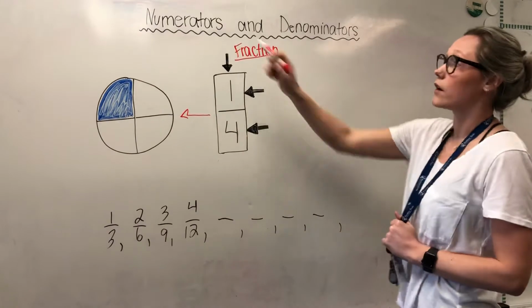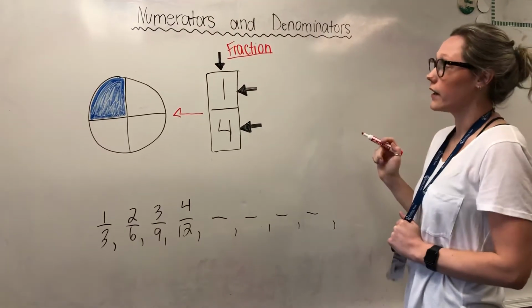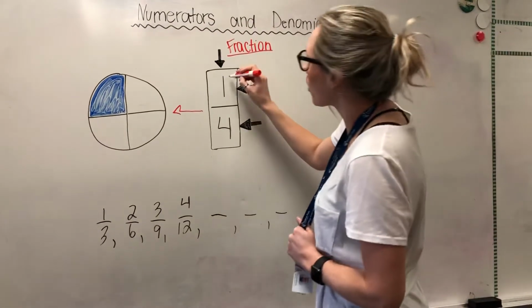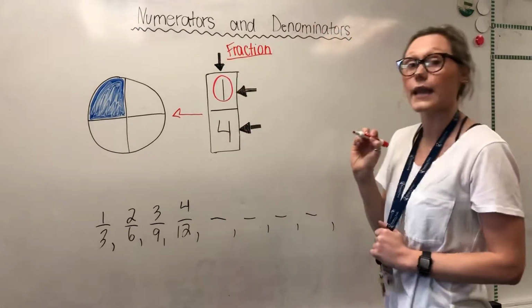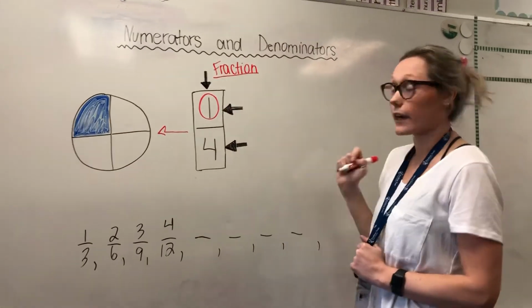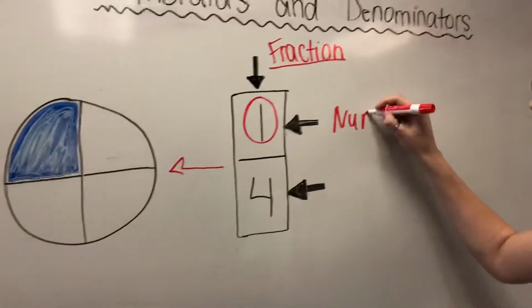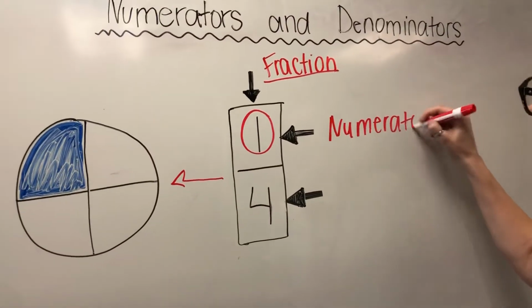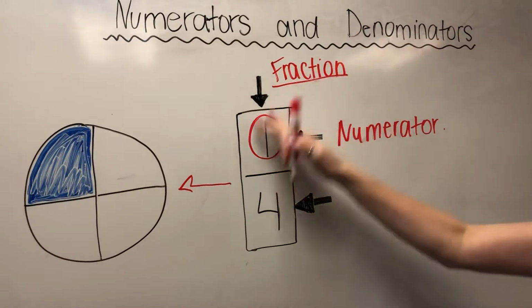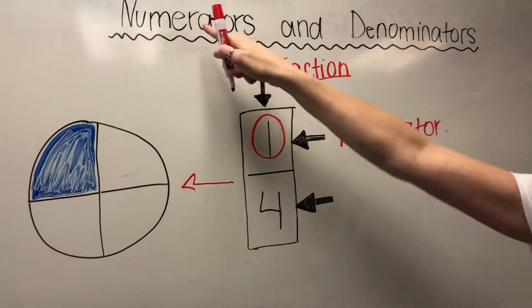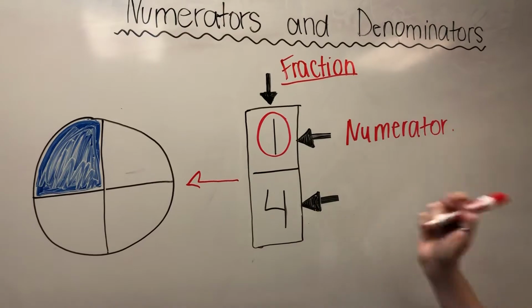Now for the numerator and denominator, my numerator is always going to be the top number. So this arrow pointing to 1 is the numerator. Whenever you see a fraction, the top number is always the numerator. That's the name for it.